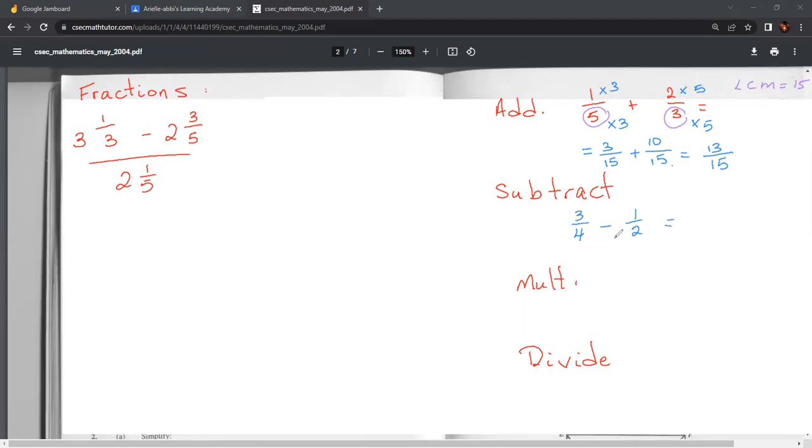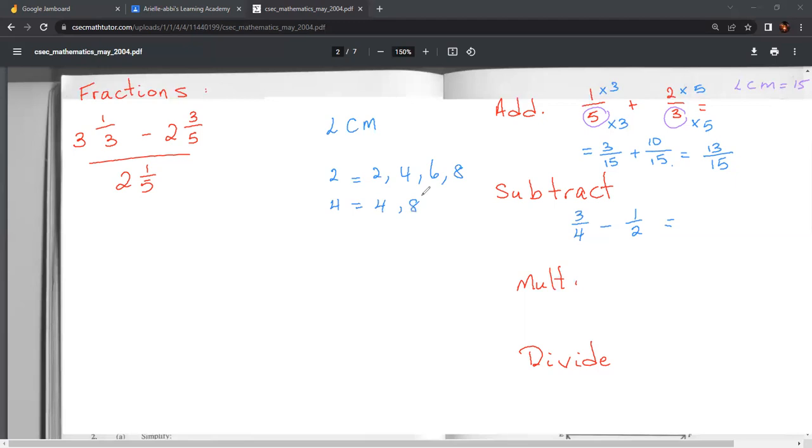My denominators in this case are not the same, so I have to make them the same by finding the LCM. So I'm going to find the LCM of 2 and 4. 2, 4, 6, 8. 4 times table, 4, 8.